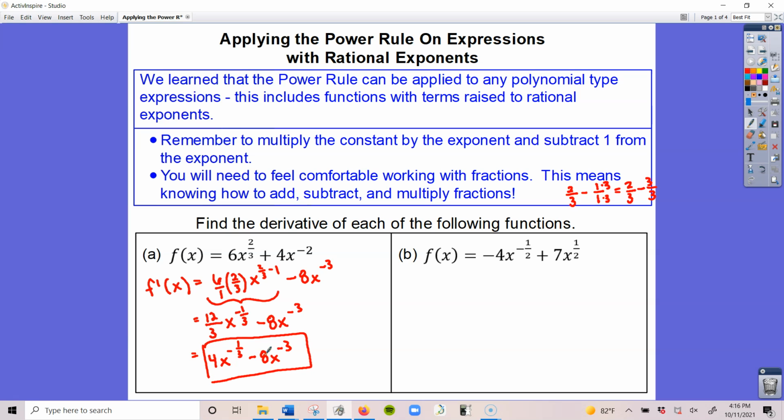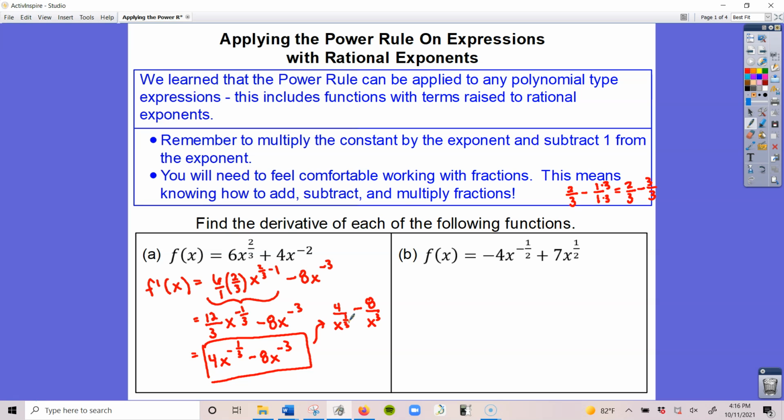Now, as a reminder, if I wanted to rewrite this using only positive exponents and without these rational exponents, 4x to the negative 1/3, that's the same as saying 4 over x to the positive 1/3 minus 8 over x to the positive 3.